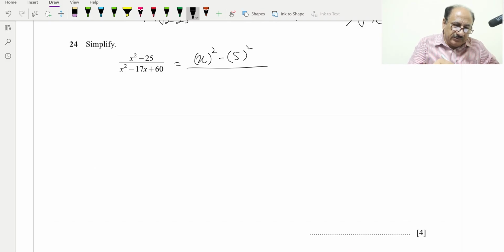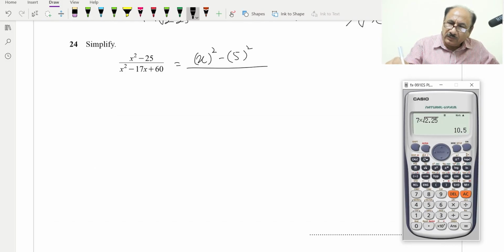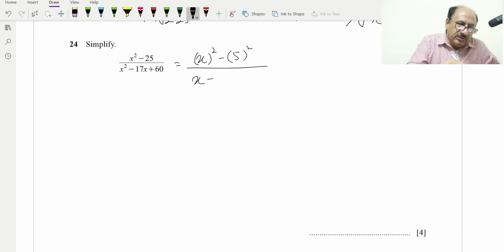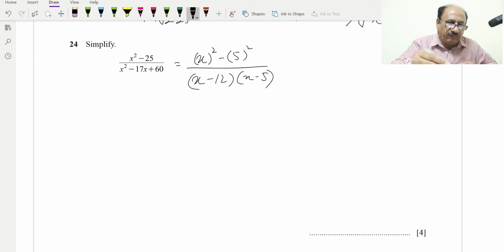For factorization, the coefficient of x squared is 1, the coefficient of x is minus 17, and the constant value is 60. So 12 and 5: x minus 12 and x minus 5 will be the factors. So x squared minus 5x minus 12x plus 60. Yes, so this is correct.